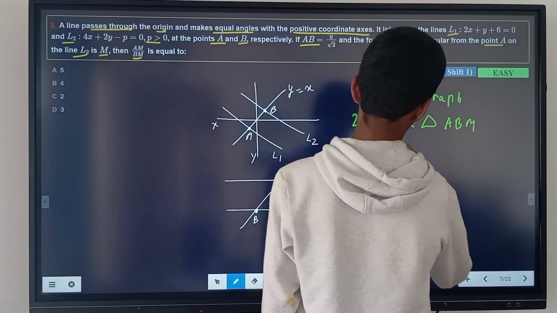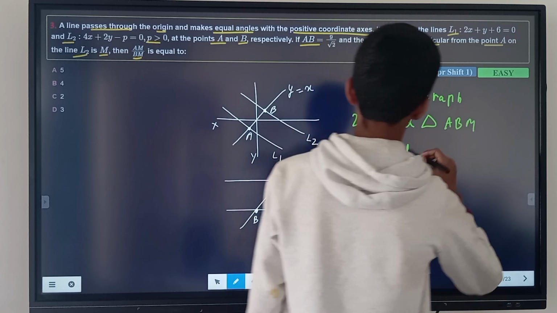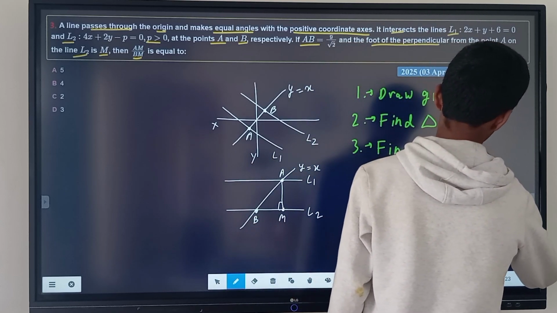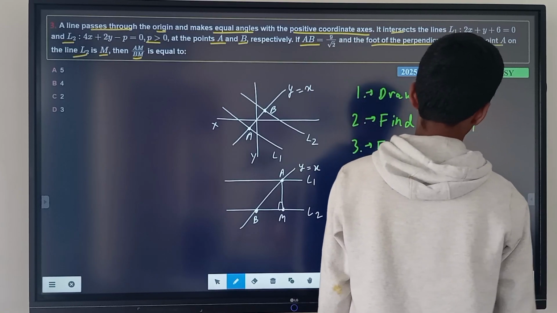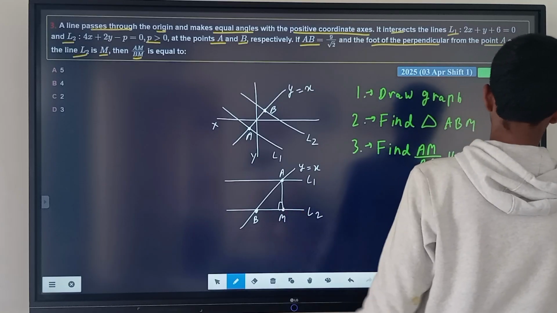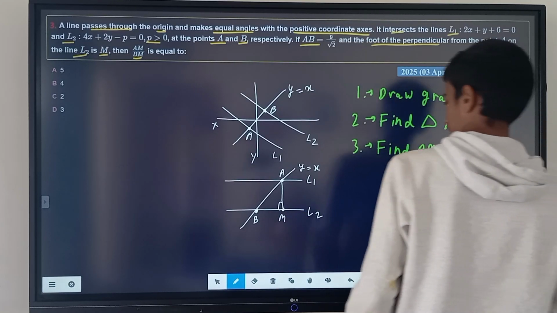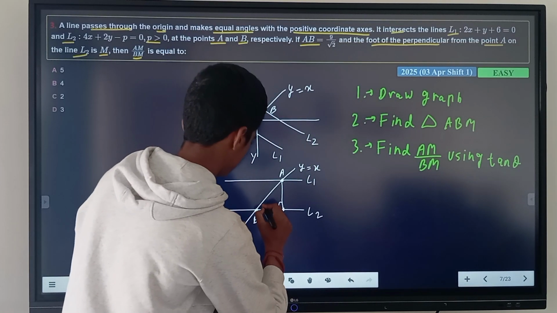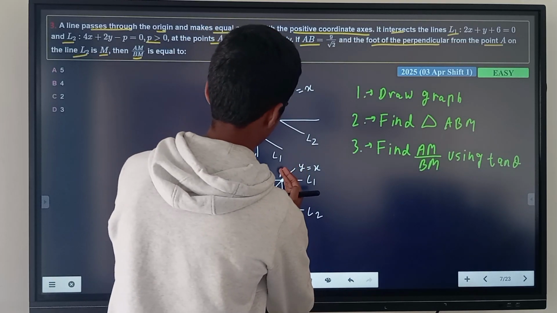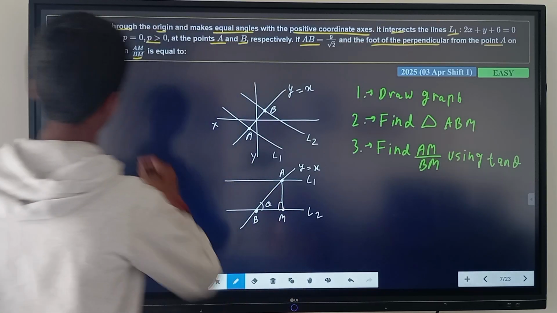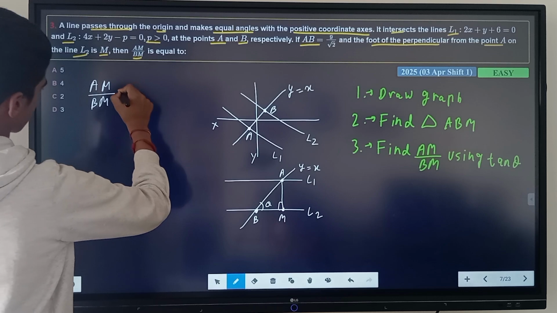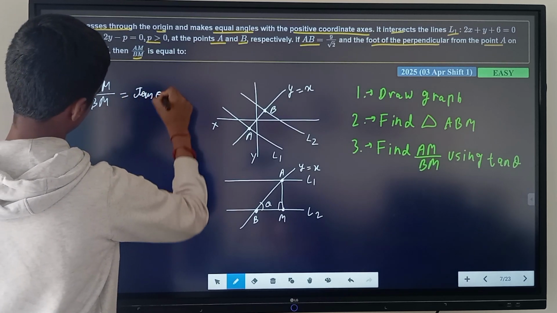Third step will be find AM upon BM using tan theta, because let's say this angle will be theta and here we have 90 degrees, so AM upon BM will be tan theta. From here, AM upon BM is equal to tan theta.